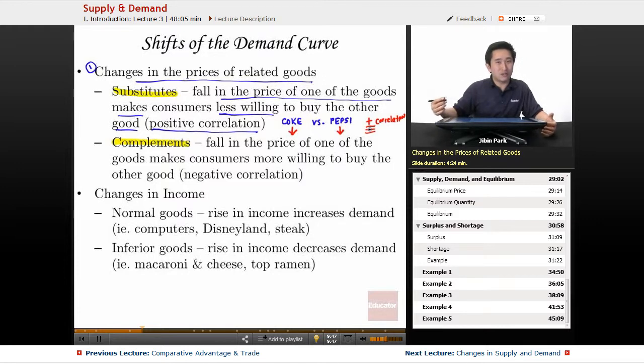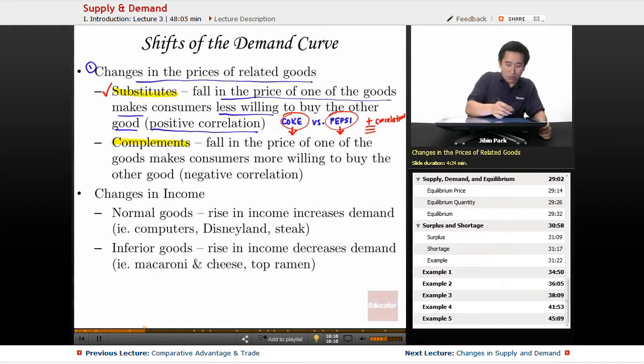The teacher's not there, so you have a positive reaction. Same thing in economics. When there's a substitute, if the price goes down, then the price of the substitute also goes down. If the price goes up, then the price of the substitute also goes up. So there's a positive correlation between goods when you're dealing with a change in demand.